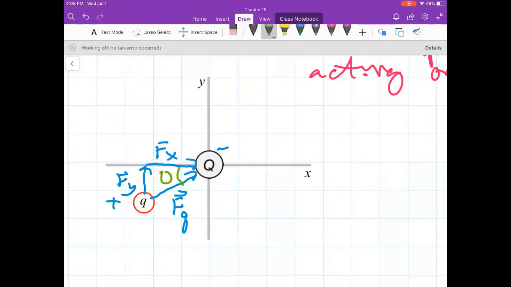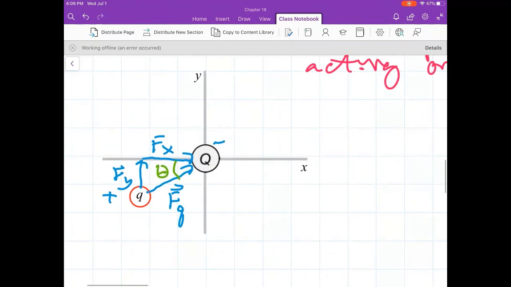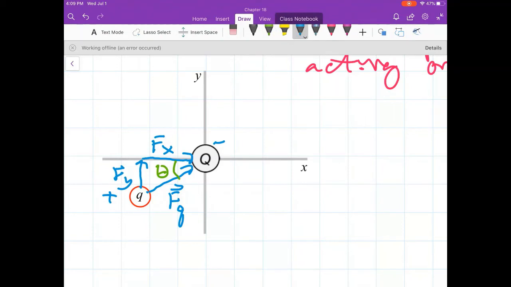Once again, we put the angle in the triangle. Now we find this x component points to the right. That is the positive direction. The y component is pointing up. That's the positive direction.